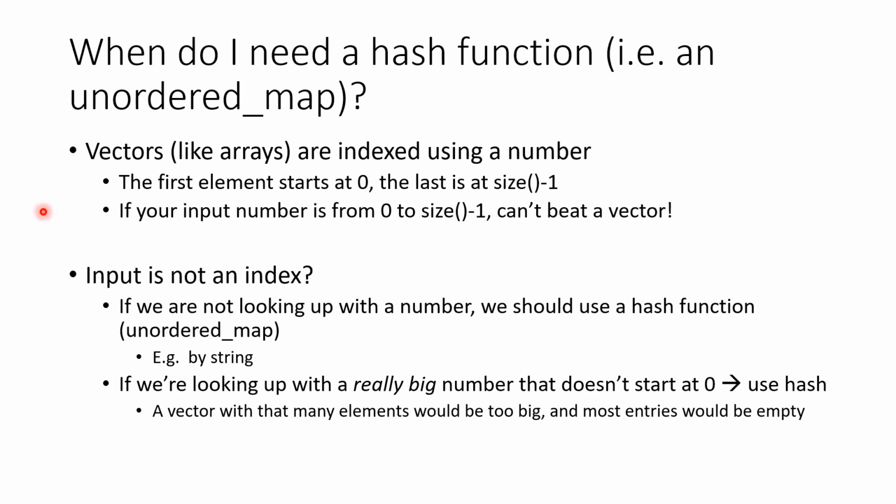And vectors are indexed using a number which starts at 0 and goes to size minus 1. If your input number is from 0 to size minus 1, the vector is the fastest choice.